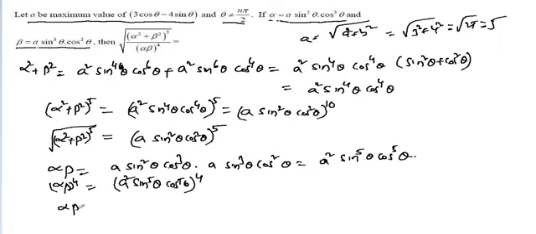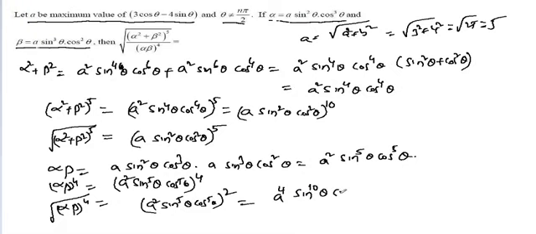So alpha beta whole to the power of 4 under root, that is equal to a square sin power 5 theta cos power 5 theta whole power 4 by 2 is 2, that is equal to a to the power of 4 sin power 10 theta cos power 10 theta. Here it is a to the power of 5 sin power 10 theta cos power 10 theta.